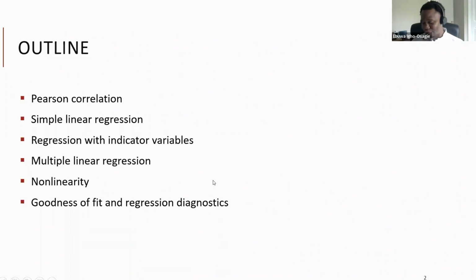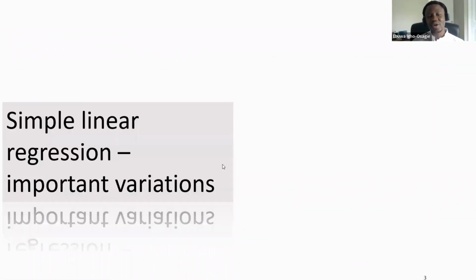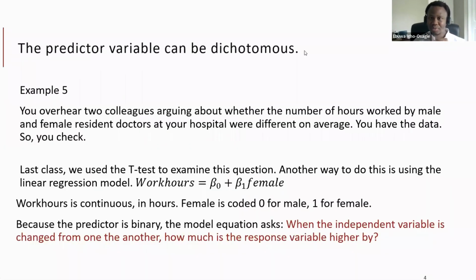Okay, let's jump right in. So let's talk about important variations of the simple linear regression. Let me close this so I can see. Now, I remember what we talked about last week.